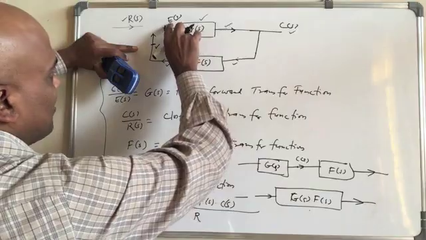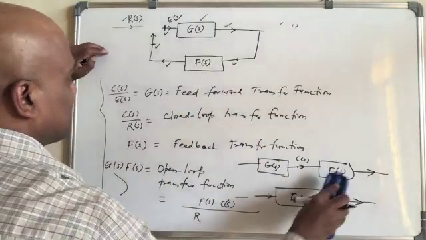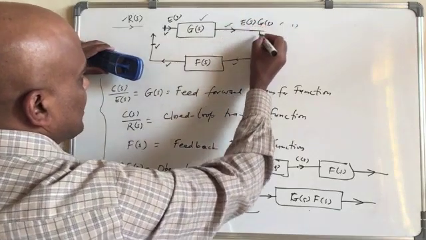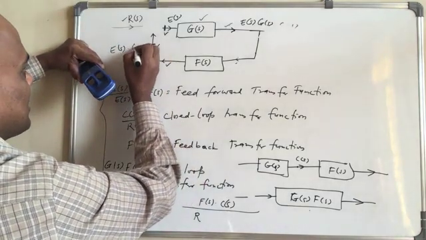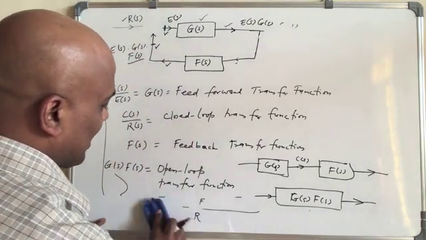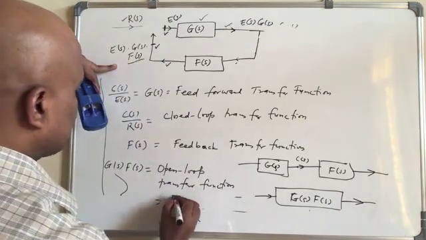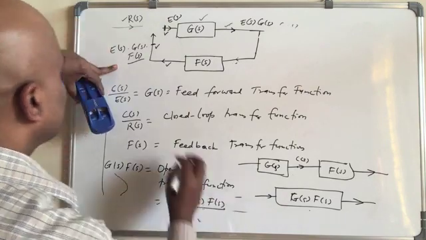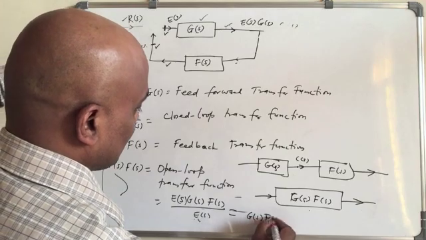So if you see here, if we cut the loop, then if ES is there, this becomes ES times GS, and then here you get ES times GS times FS, and hence we cannot write it like this one, we just write equal to simply ES GS times FS divided by ES, right? And hence you get equal to GS times FS.